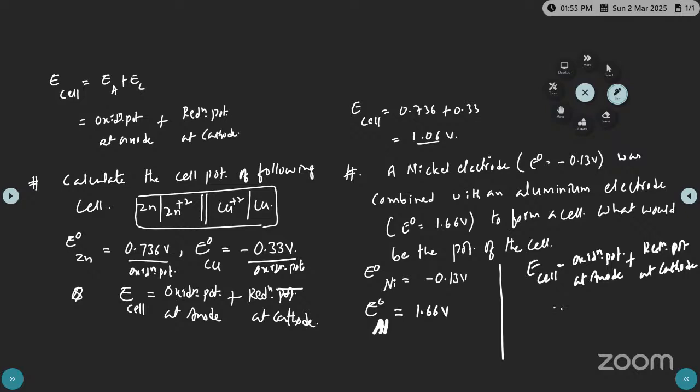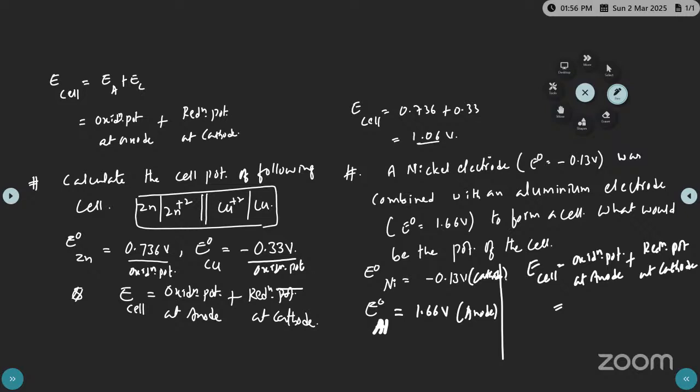On the basis of their potential, this is anode and this one is cathode. So the given potential at anode: is it oxidation potential or reduction potential?